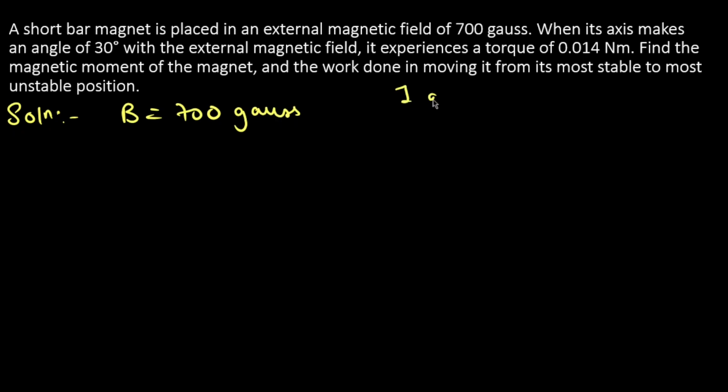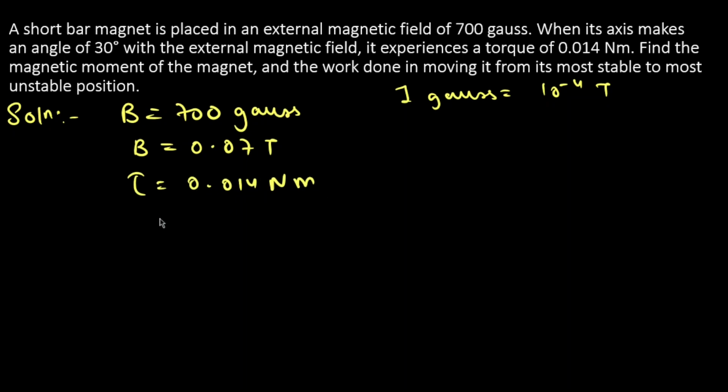Now 1 Gauss is equal to 10 raised to minus 4 Tesla. So this will be 700 into 10 raised to minus 4 Tesla, which will come out to be 0.07 Tesla. And the torque is given to us as 0.014 Newton meter, and initially the angle theta is 30 degrees.